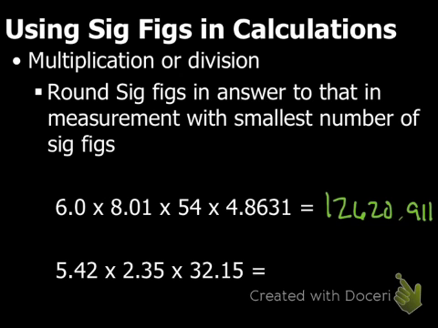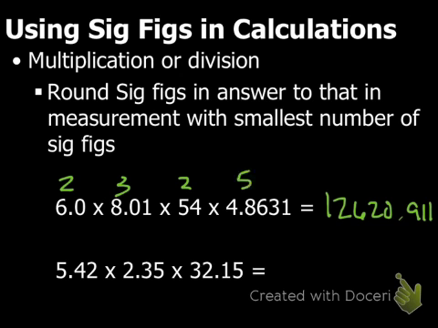Okay, and I'm going to leave the others out there because they won't fit. So if I go back to my numbers that I multiplied and look at the number of sig figs, this first number has 2 sig figs. This one has 3, this one has 2, this one has 1, 2, 3, 4, 5.